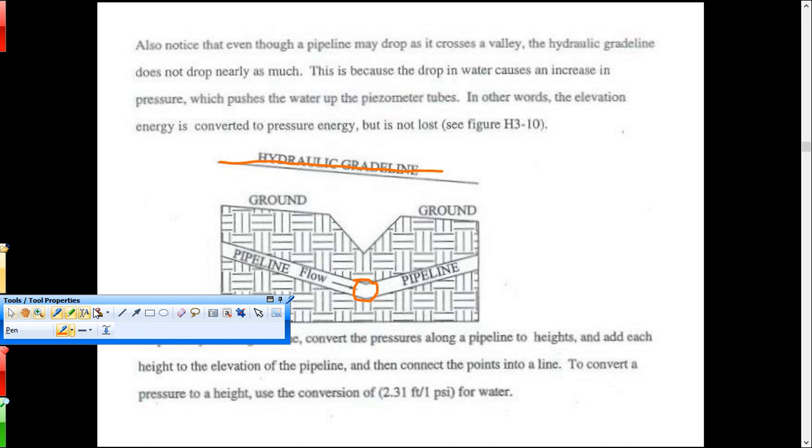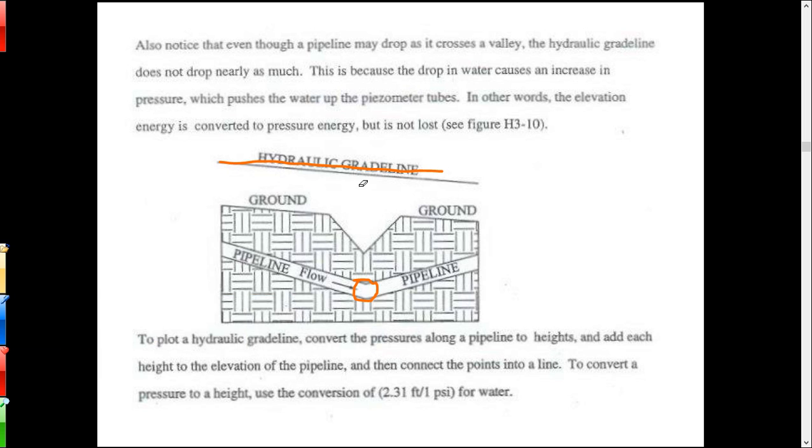The hydraulic grade line will just have a steady sort of slope to it. This slope is really the head loss, the friction loss as the water flows. Okay, so even though the pipe might go up or down, the hydraulic grade line usually stays somewhat steady and has a downward slope that moves with the flow. The downward slope of the hydraulic grade line corresponds to the head loss in the water, the friction loss.